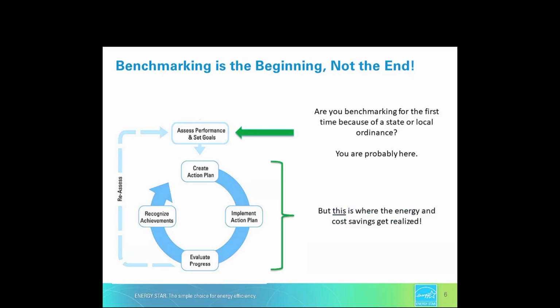Today's session, we're going to move into the donut of the diagram, where we will focus mostly on this first box, creating an action plan. We're going to touch on the others as well, but most of what we'll focus on is that first box. Just to dissect the diagram a little, the bottom half is where you would be once you begin to create and implement your action plan.